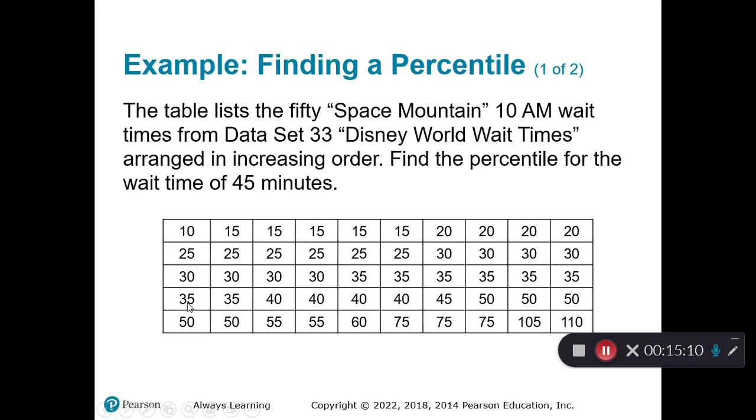And then if we go in the fourth row, that's 31, 32, 33, 34, 35, 36 of those values are smaller than 45. So I'm counting 36 values in this data set are smaller than 45. That's going to be the numerator. In total, we have 50 values, right? We have 5 rows of 10. So the denominator will be 50. And finally, we will multiply this result by 100 to get our percentile.